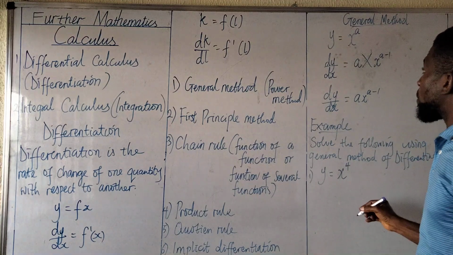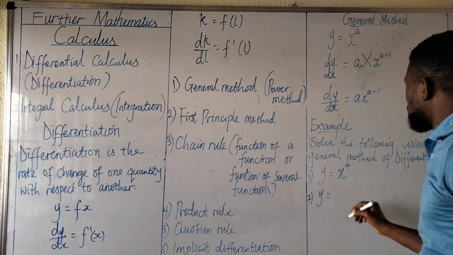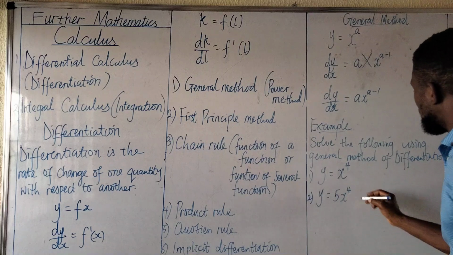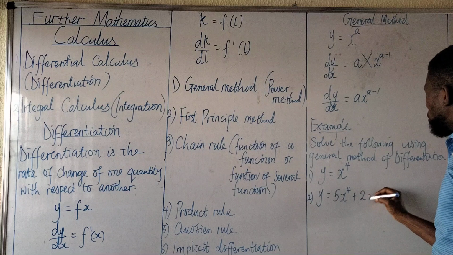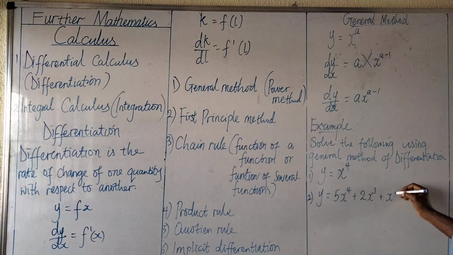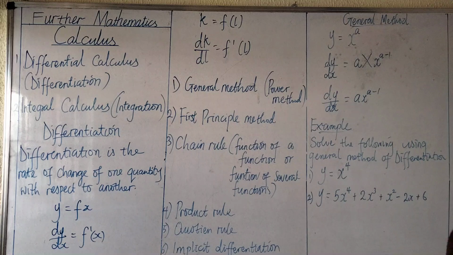Y is x raised to the power 4, okay? And 2, we have a polynomial function y equal to 5x raised to the power 4 plus 2x raised to the power 3 plus x raised to the power 2 minus 2x plus 6. These are the examples that we're going to solve using general method of differentiation.